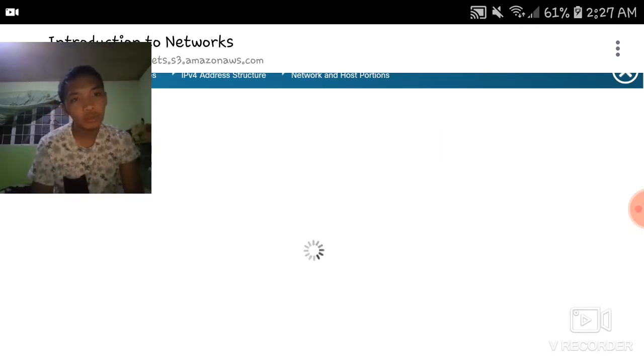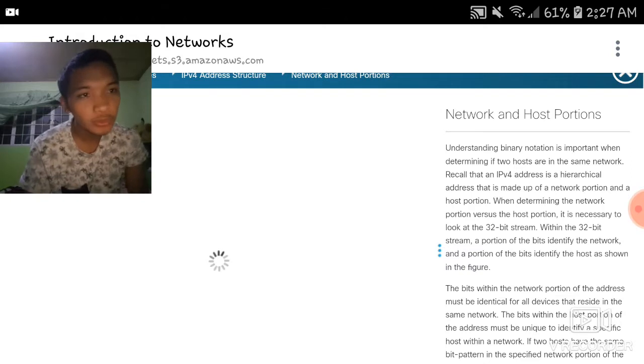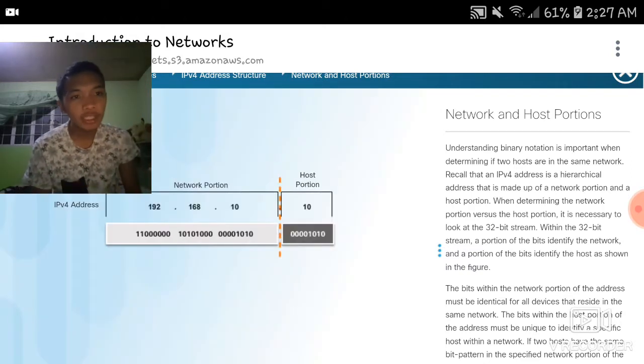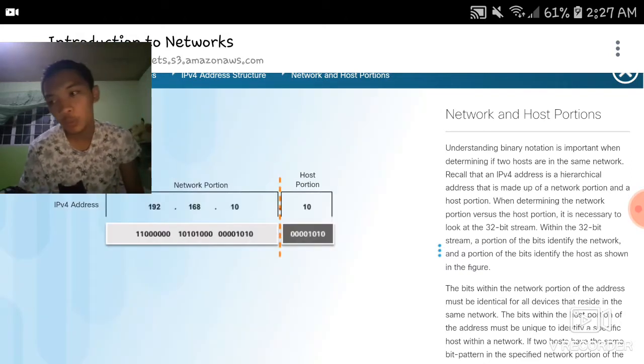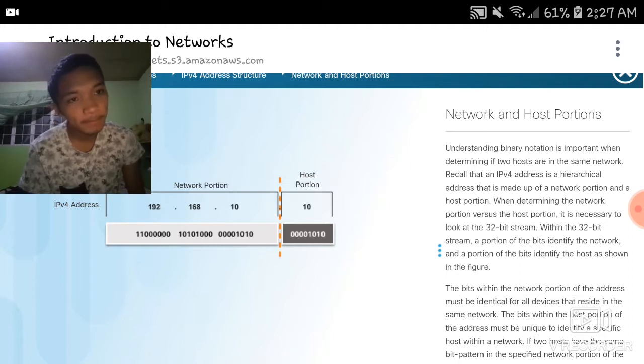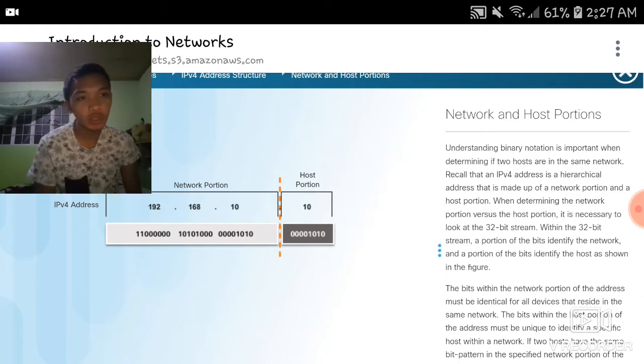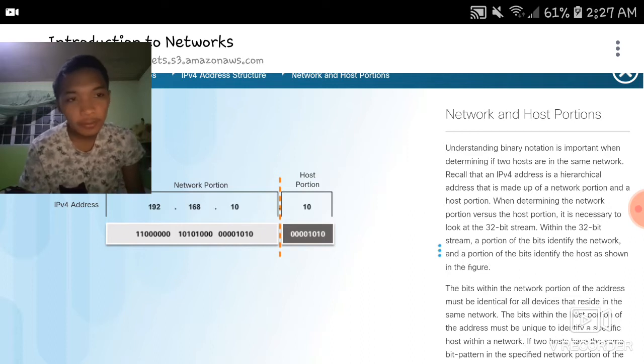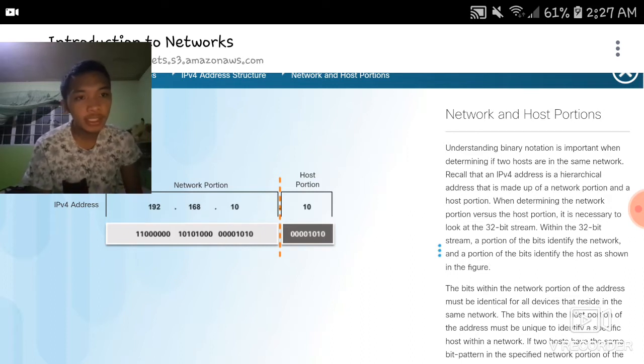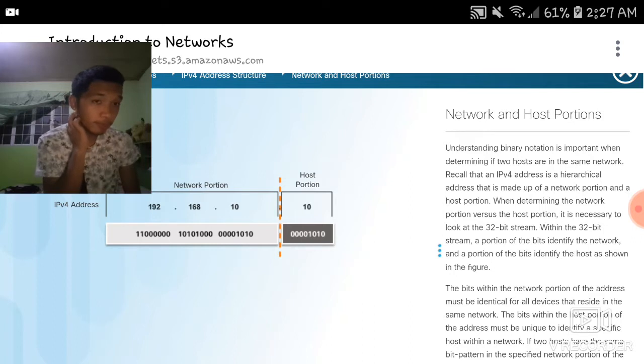Network and host portions. Understanding binary notation is important when determining if two hosts are in the same network. It is necessary to look at the 32-bit stream.